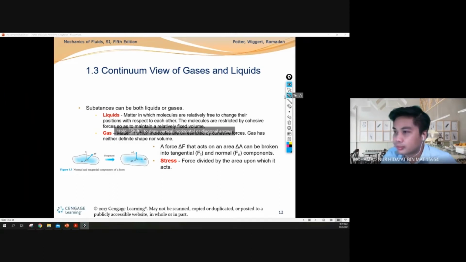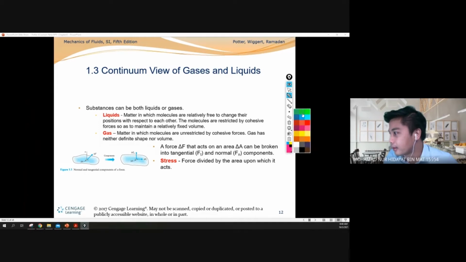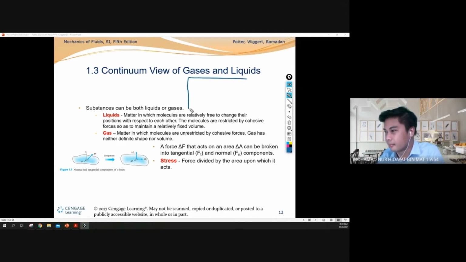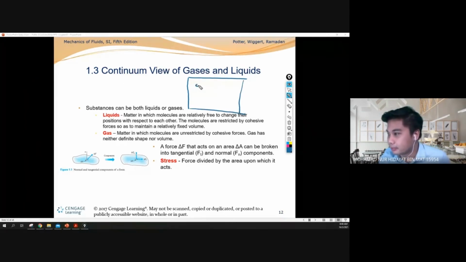Basically, the continuum is actually the continuous nature of the molecules. Continuous means, let me explain clearly. For example, this is the molecule.